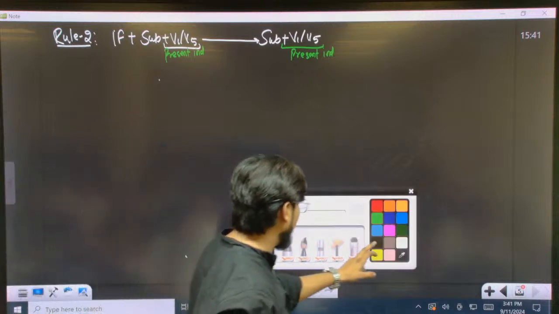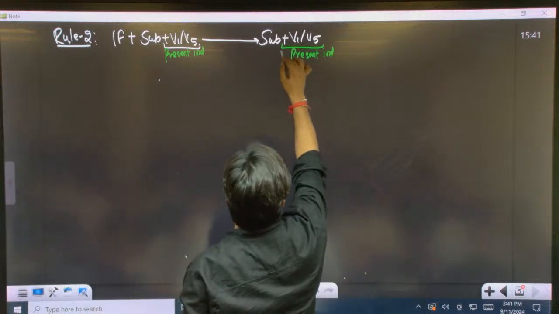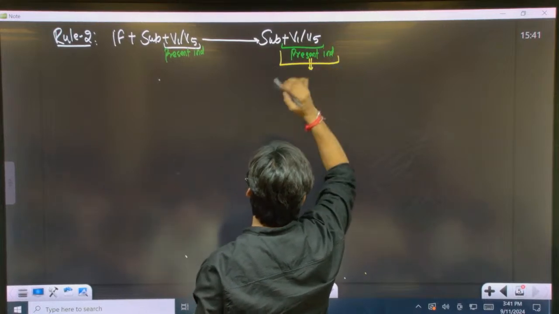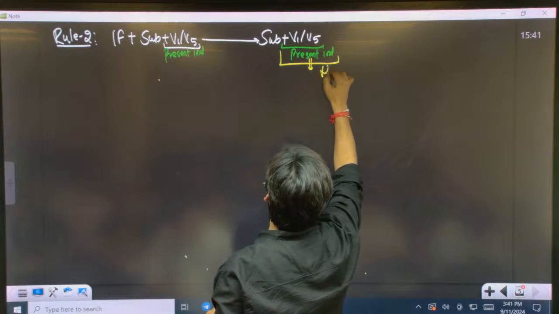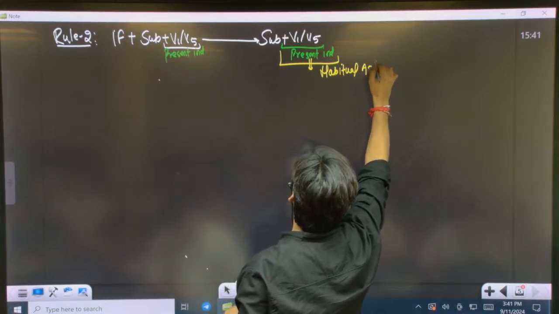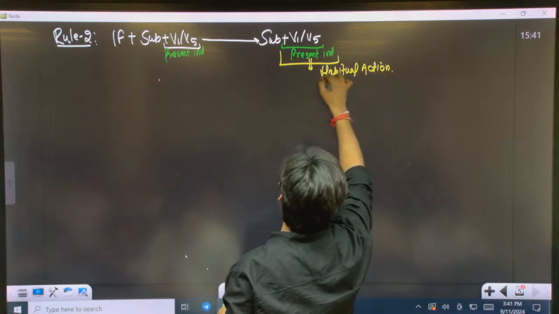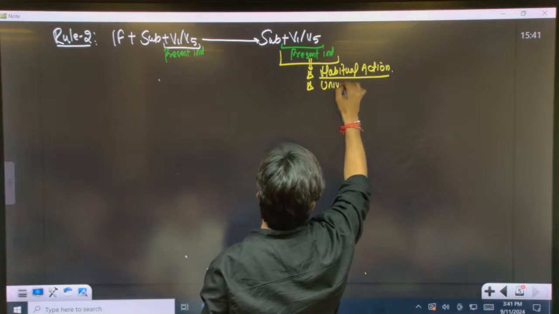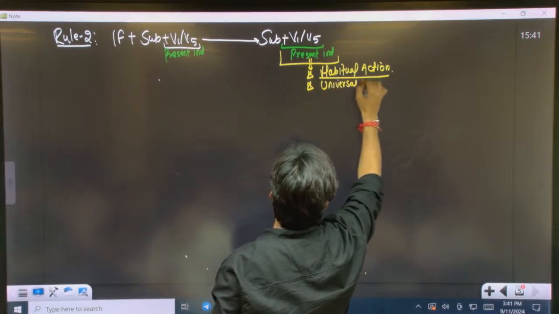But now, what is the difference? The difference is this. In the main clause, if you use present indefinite tense, it will be your habitual action. It becomes your habitual action, or it may be a universal truth.